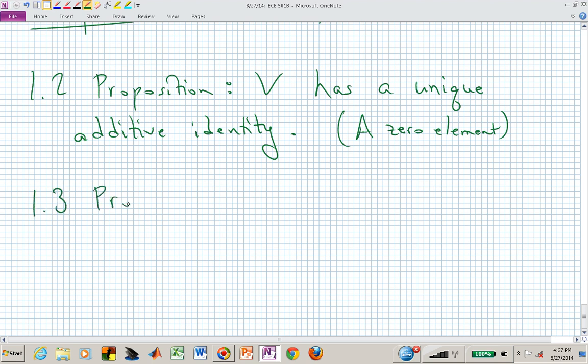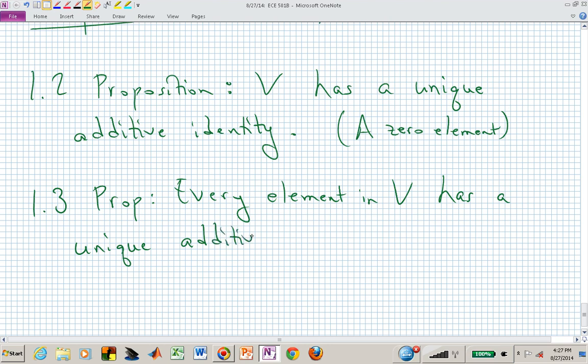Proposition 1.3. Every element in a vector space, or in V, has a unique additive inverse. And a lot of times it's helpful to just give yourself a concrete example to hang your thinking on.